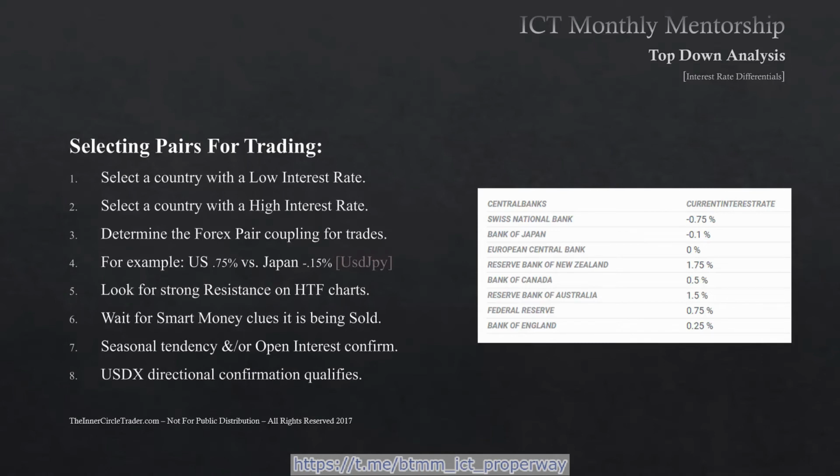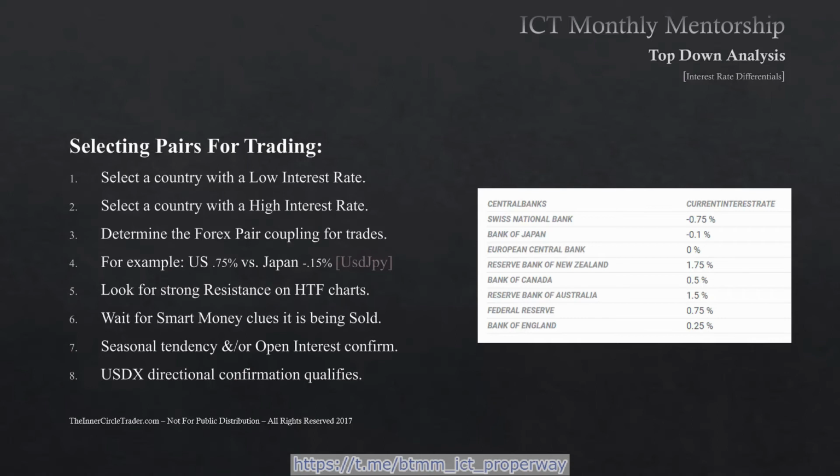So if we have the expectation that the weaker currency is the Japanese yen, based on interest rates, against the stronger of the two, the dollar, which has the higher yielding central bank rate, we're going to see that US dollar versus Japanese yen pair actually go higher because you're buying dollar and selling yen.